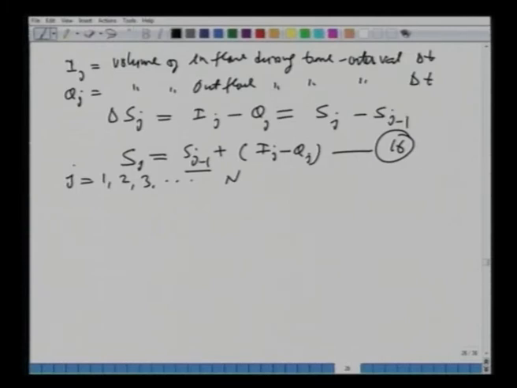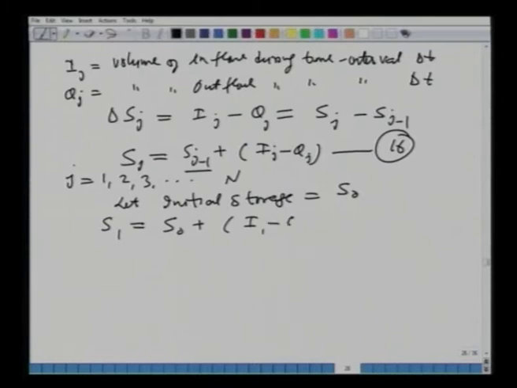So, if initially the storage is S0, then what will be S1 as per equation number 16? It will be nothing but S0 plus I1 minus Q1.